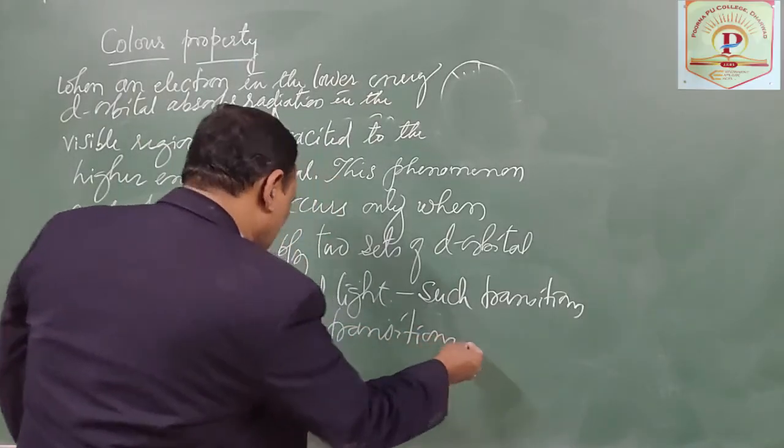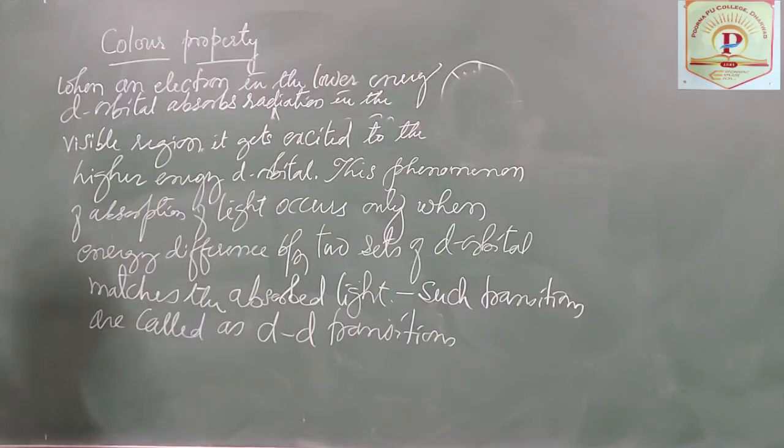So the color property arises because of DD transitions. Thank you.